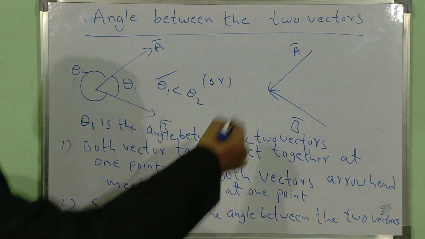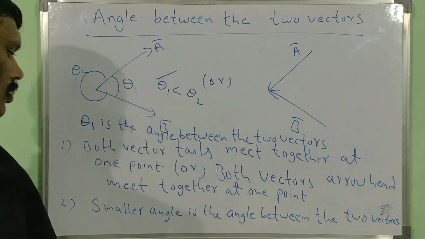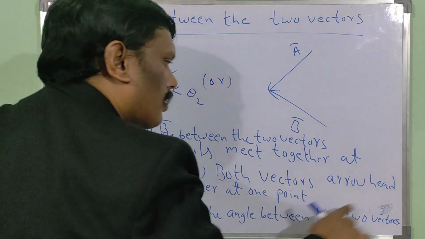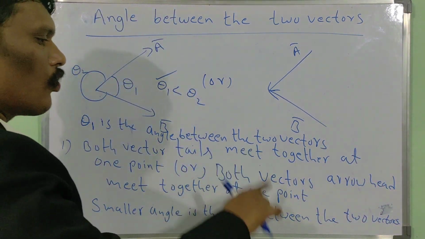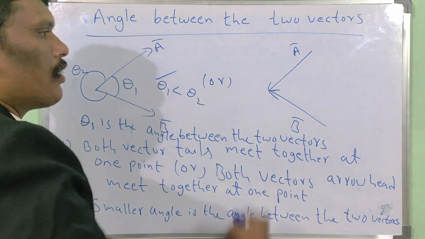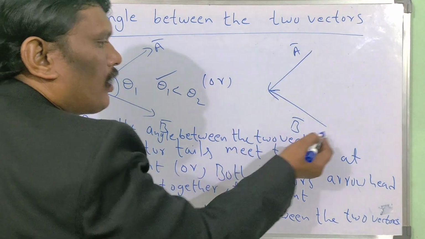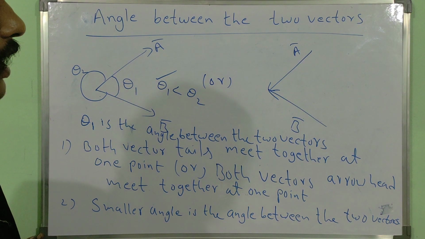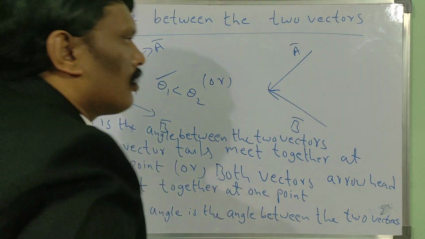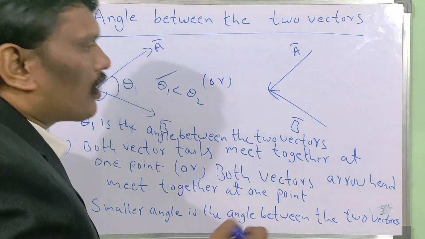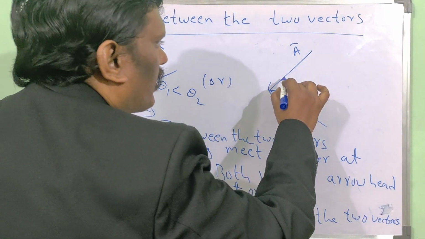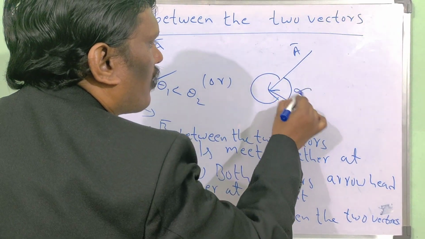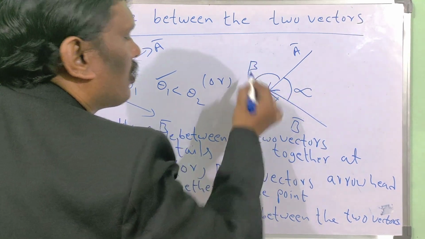Similarly, observe here. Not only can both vectors' tails meet together at one point, both vectors' arrowheads can also meet together at one point. That is also okay. So here vector A arrowhead and vector B arrowhead meet together at one point. That's why the first condition is satisfied. What is the second condition? Take the angles here: alpha and beta.